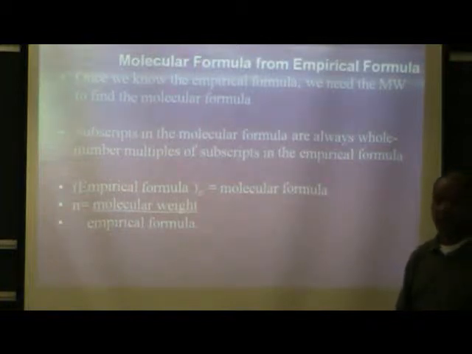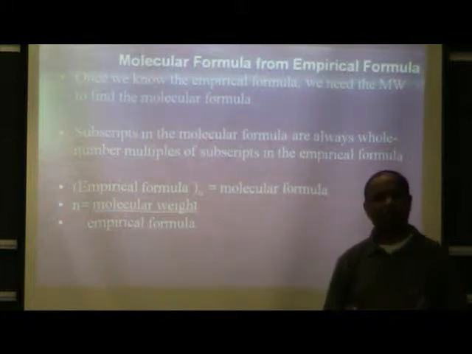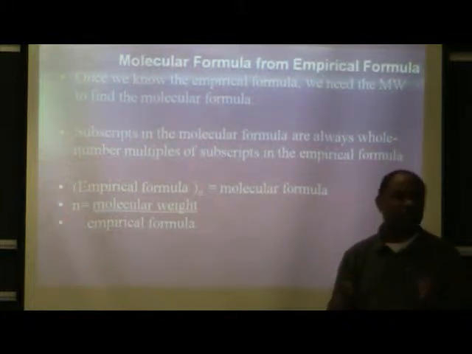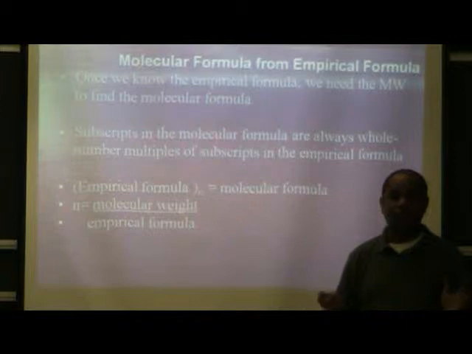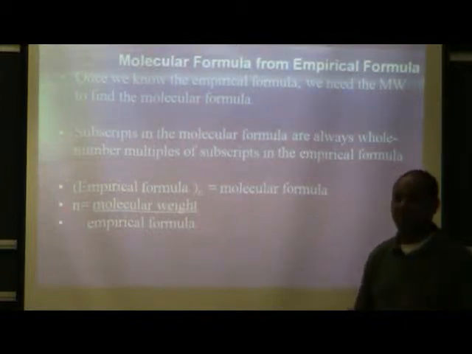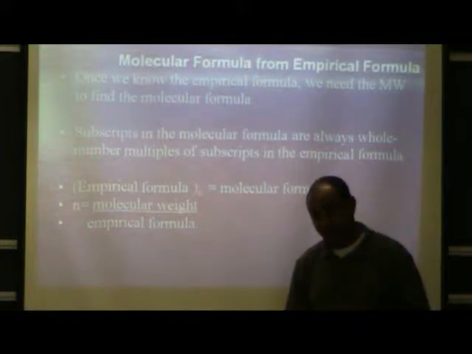In empirical formula, you don't need that information. In empirical formula, you just need what percentage or what amount of each element is in a sample. That is it. Once you have the amount in a sample, then you calculate the mole ratio.